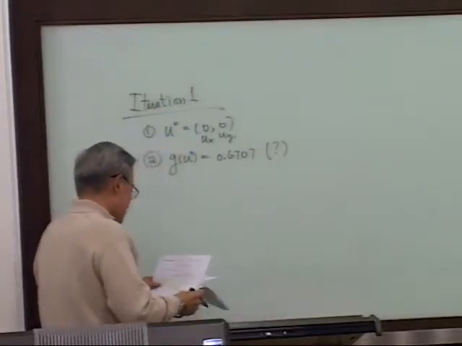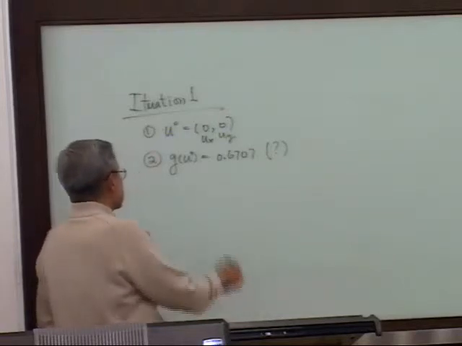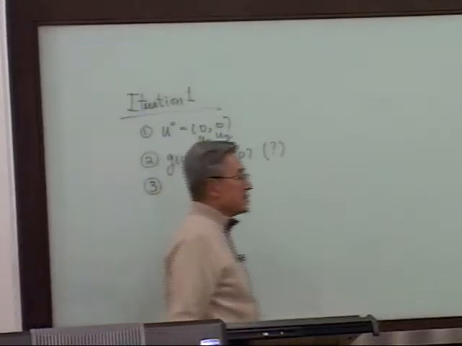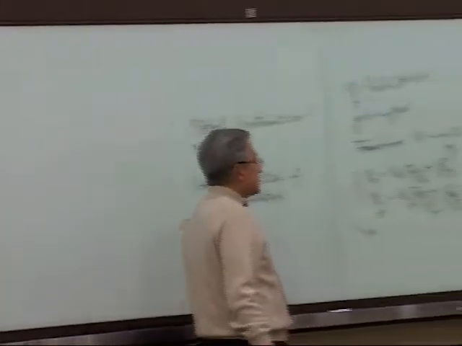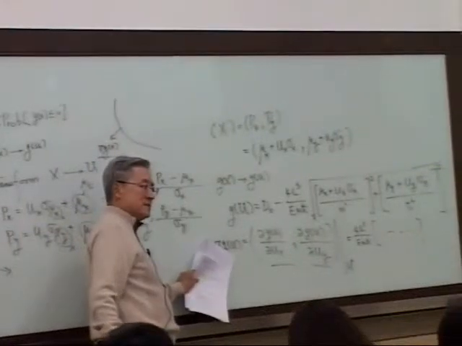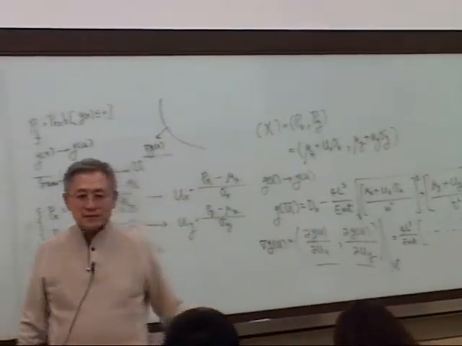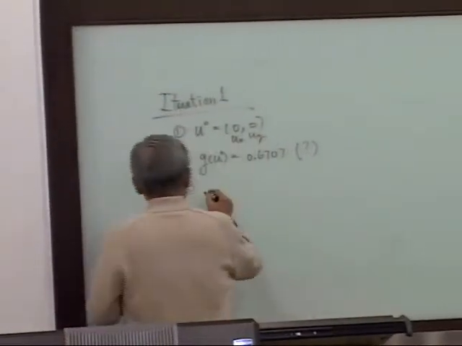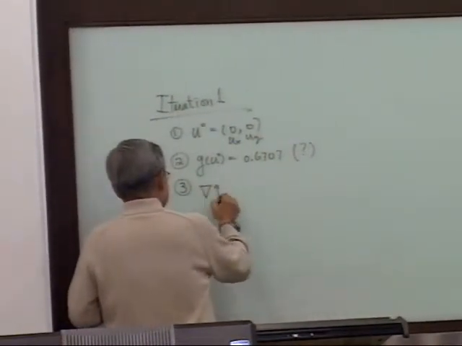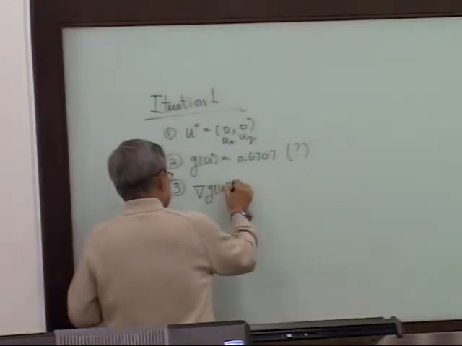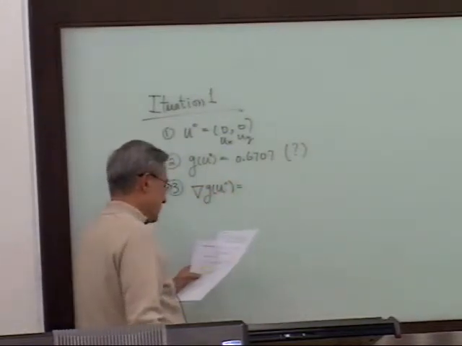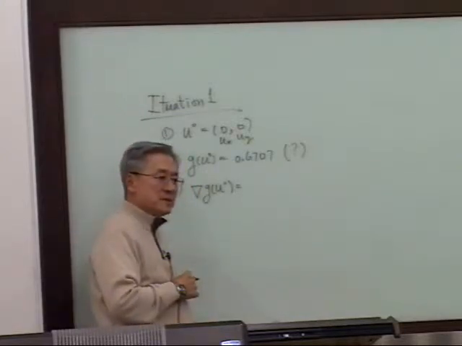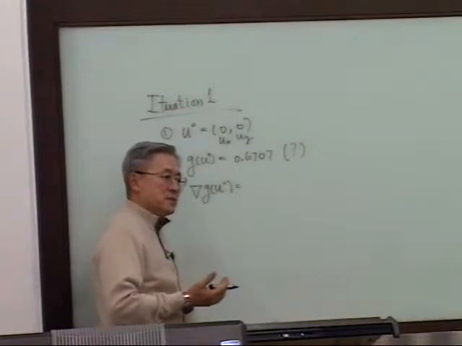But the approach is all good. And what's the next parameter to compute? This one, right? The gradient. Now you have to compute the gradient. So the gradient is delta G in the trial vector. How many components? Two components.